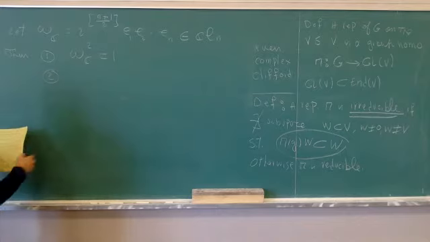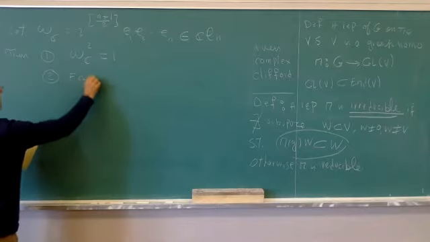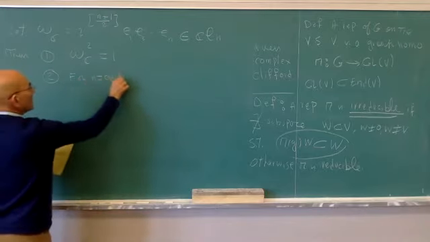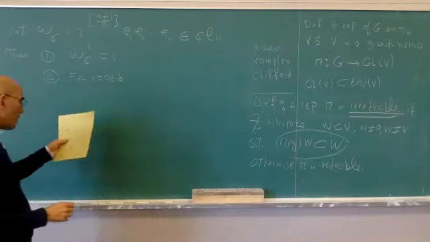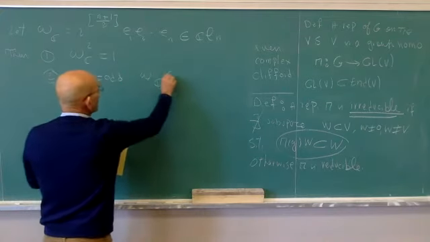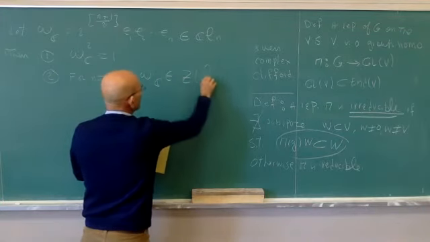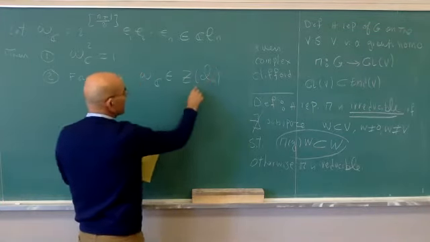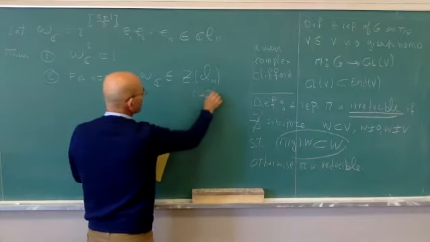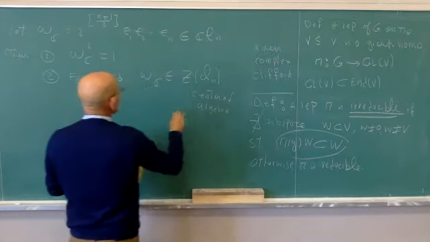Second, for n equal to odd, omega c belongs to Z of C l n, the center of the algebra.